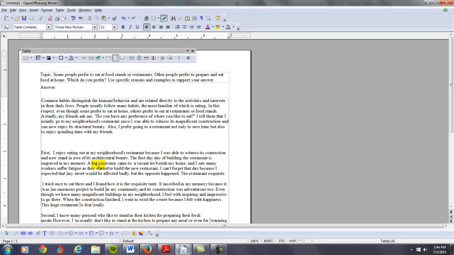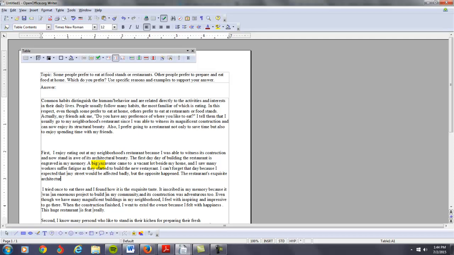We can say the restaurant's exquisite architecture increased the value of my and other neighbors' homes.